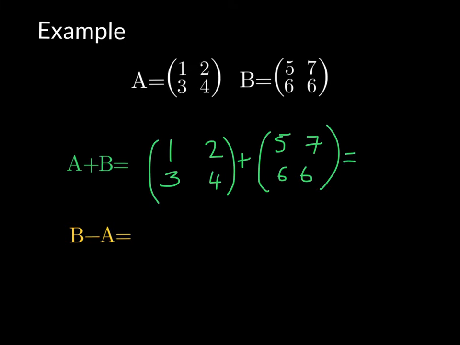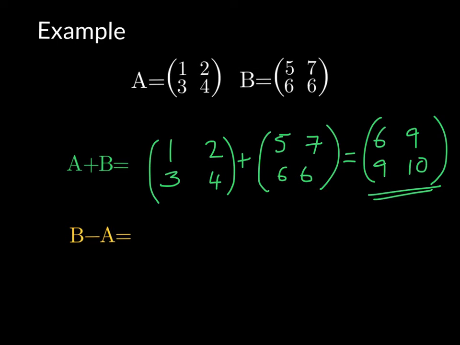So this gives us 1 plus 5 is 6, 2 plus 7 is 9, 3 plus 6 is 9, and then 4 plus 6 is 10. So that's us added matrix A and matrix B together.